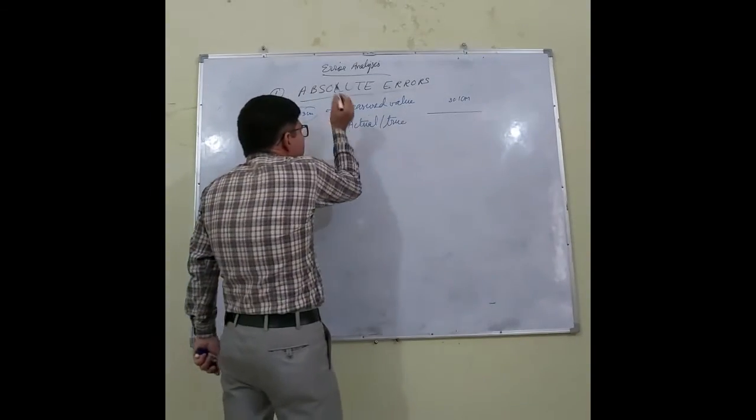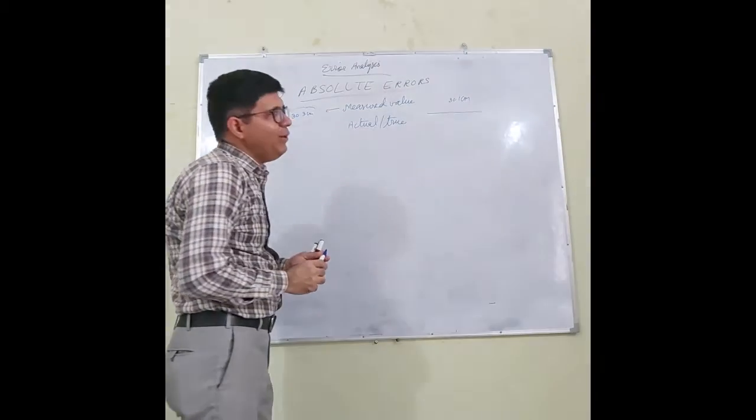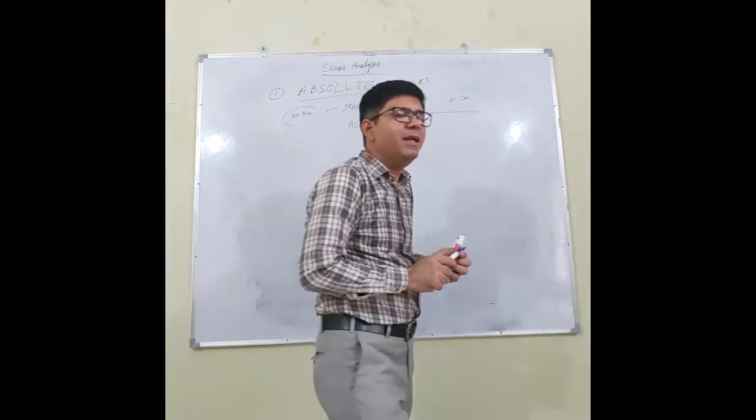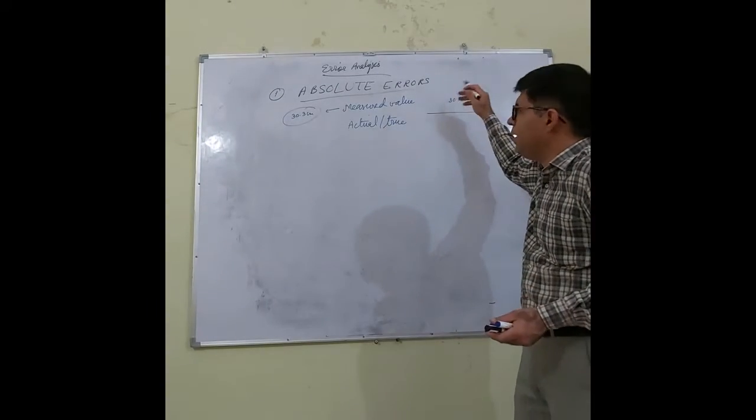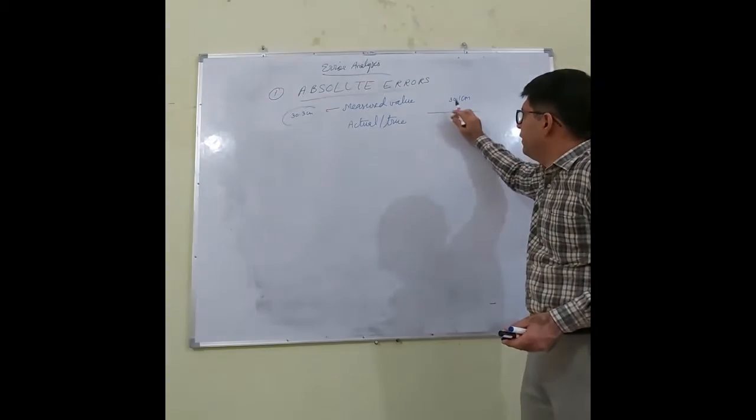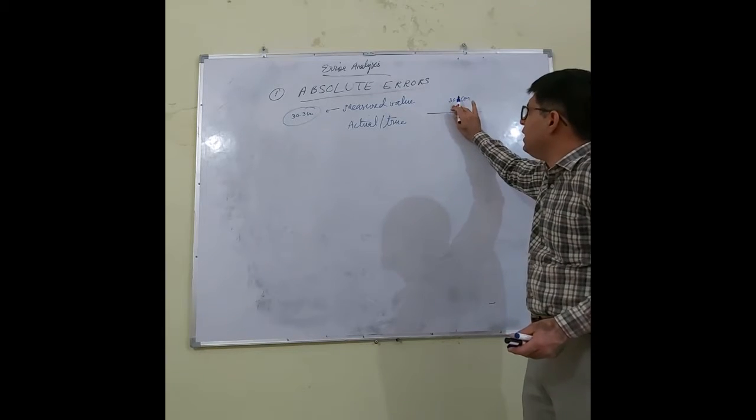So this is the measured value, and what is the actual value? It is the real value, the actual value, or the true value of measurement. If its length is 30.1 centimeter, it is that.